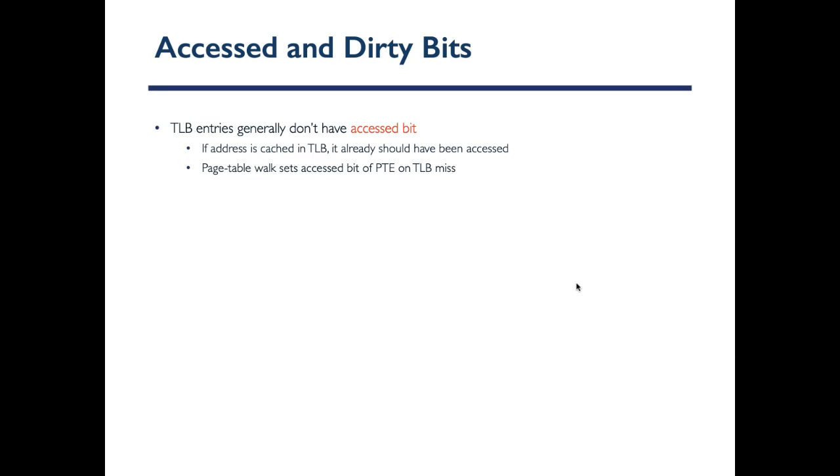It's a valid entry, and it has all the accesses, so there is no permission problem. At this point, I've found the translation. Now, the hardware sets the accessed bit in the page table, meaning that I have accessed this page. We'll see why this is important for the operating system to know which pages have been accessed.